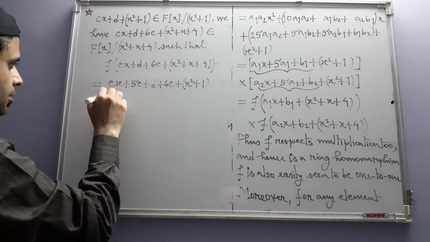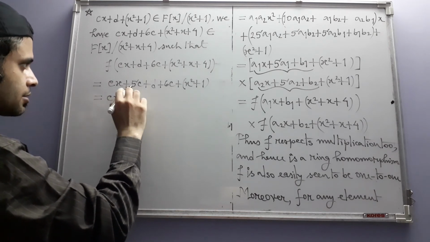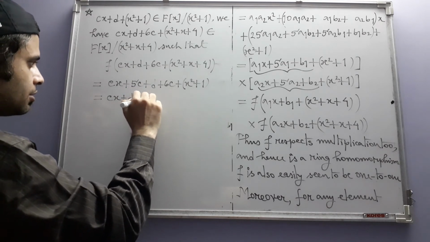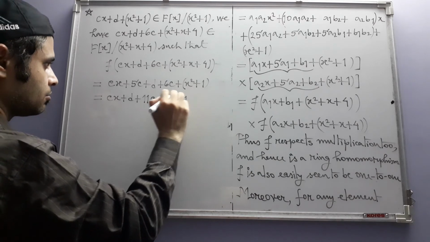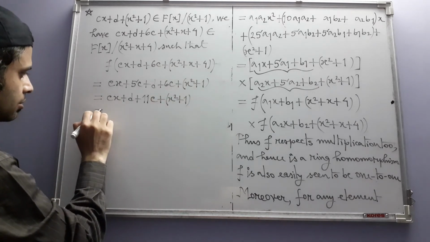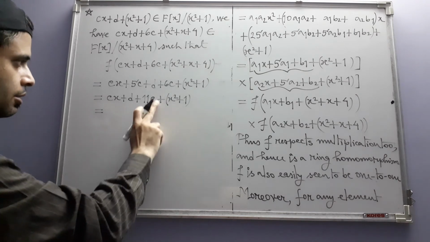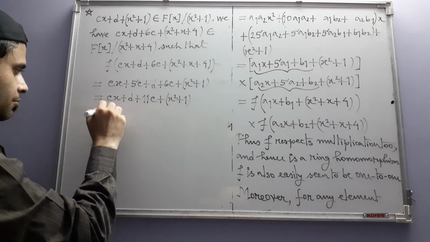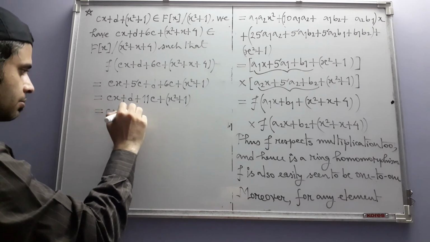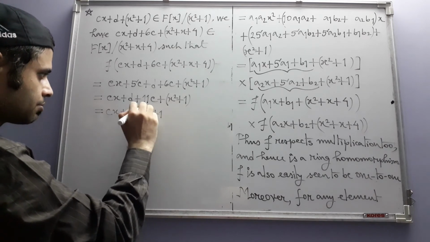So this is equal to cx plus d plus 5 plus 6 is 11, and since the modulus we have in the field is 11, so this term vanishes, it is 0. So we have cx plus d plus x square plus 1.